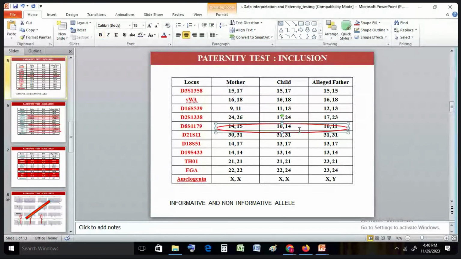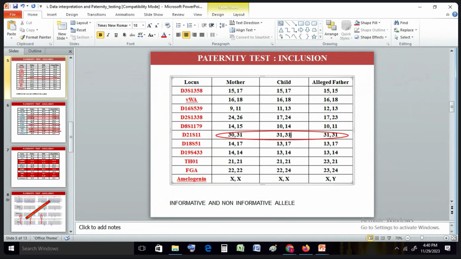Move forward to the next one. Yeah, 31, 31, 31. So this 31 must come from the mother, because mother has only 31. So at least one 31 of this child, who is homozygous in this case, must come from the mother, because the mother has the other genotype, that is 30, and it is not present in the child.